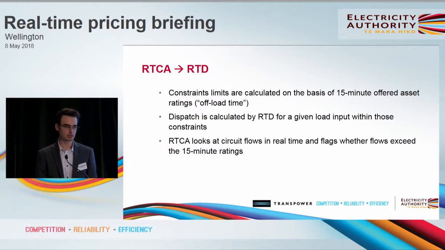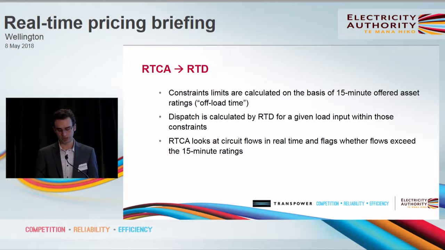Dispatch. The RTD schedule and the forward schedules obviously have slightly different inputs in their load, but the schedules hold in the same way, but load is a different input slightly. And from time to time, you can have differences in the market topology input as well, although that's less frequent.